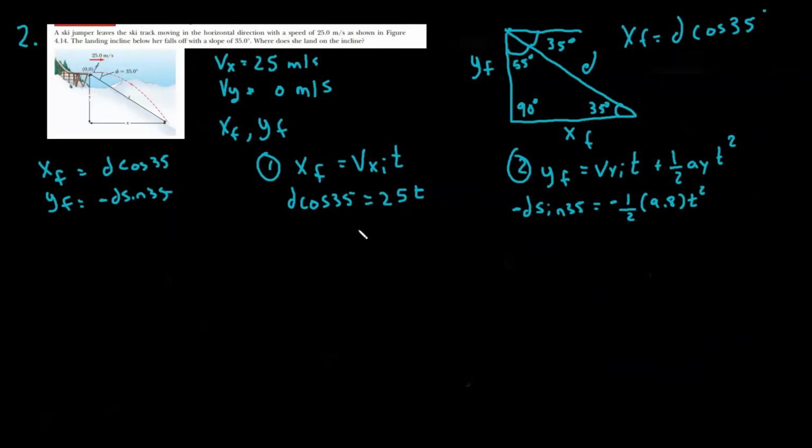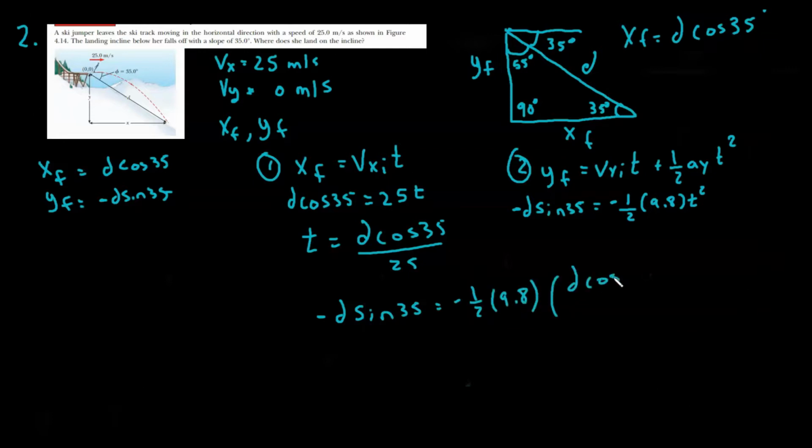So all that's left here, guys, is we've got two equations, equation 1, equation 2, and two unknowns. So we solve here for t. We get D cos 35 over 25. If we plug this t into this equation, we get negative D sine 35 is equal to negative half 9.8 times D cosine 35 over 25, squared.